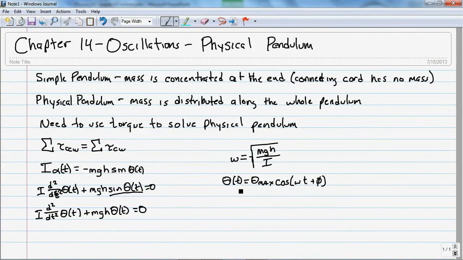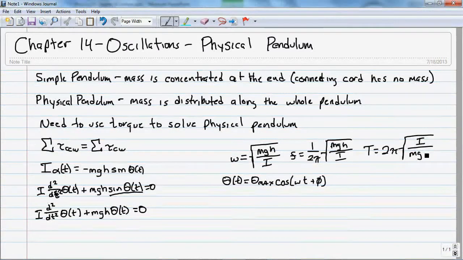And since everything's standard, we know that the frequency is going to be 1 over 2 pi times the square root of mass times gravity times height over moment of inertia, and the period is just going to be the reciprocal, which is 2 pi times the square root of moment of inertia divided by mass times gravity times distance.